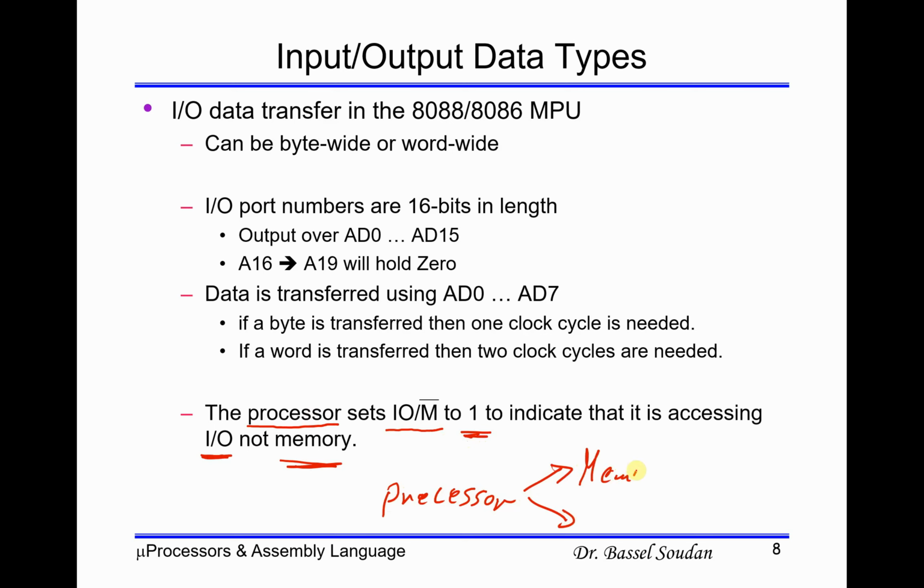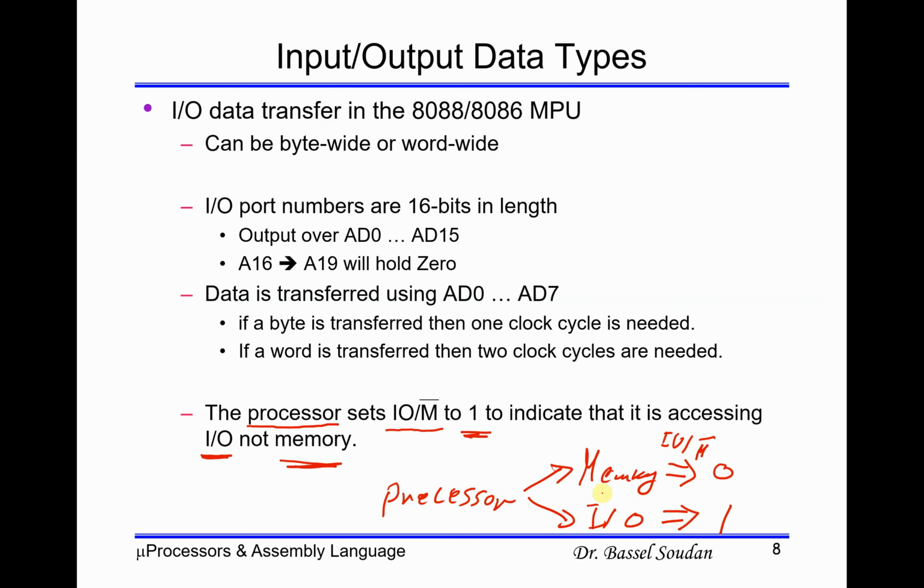In the memory case he has to put the IO/mem pin value 0. If he wants to talk to the I/O, this pin should have the value 1.